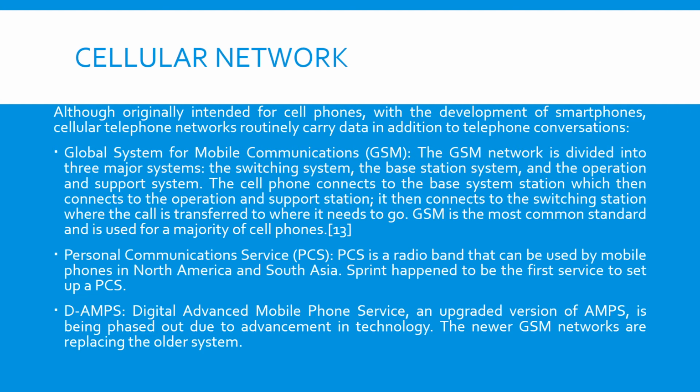So this is again a type of networking which uses a different type of bandwidth to connect devices within a particular range. So this type of technology is prominent in North America and South Asia.